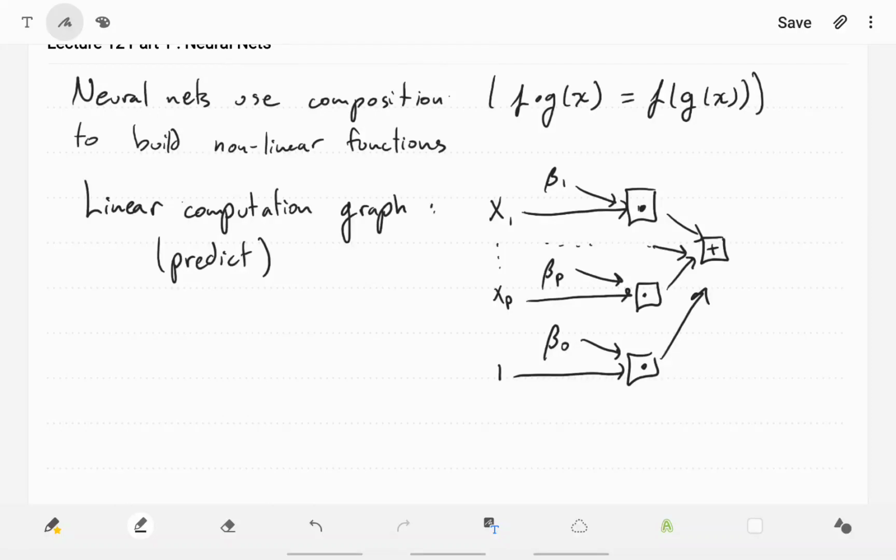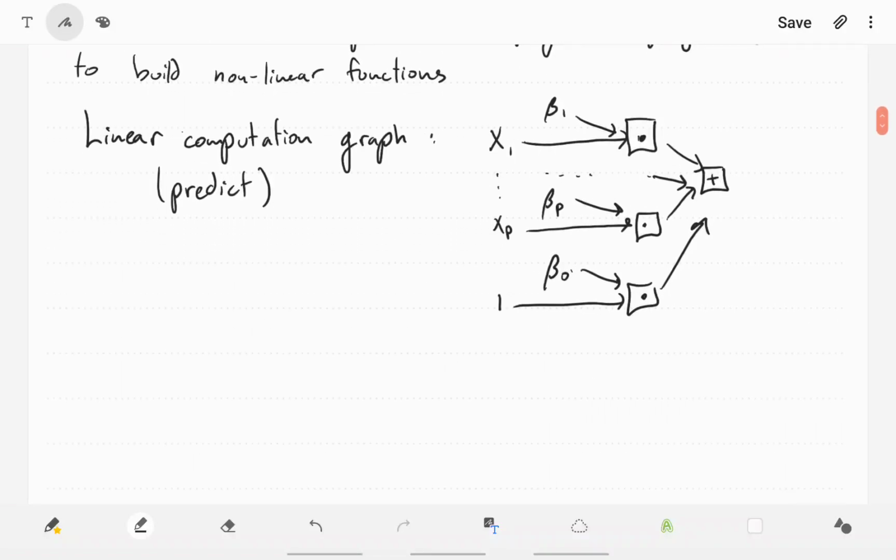So the computation graph, the basic idea is that you have your input x's. I've written them as separate variables, so each of these are scalars now. Then you have these betas and your beta naught, your intercept term. These all get multiplied together and then they get added.